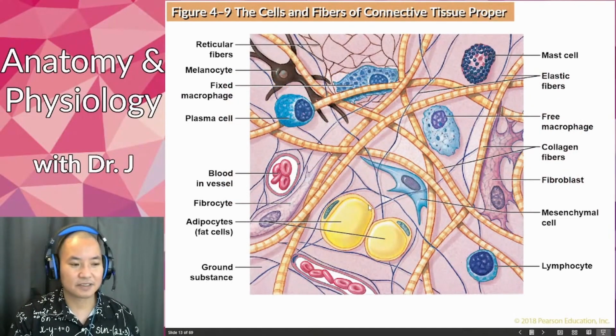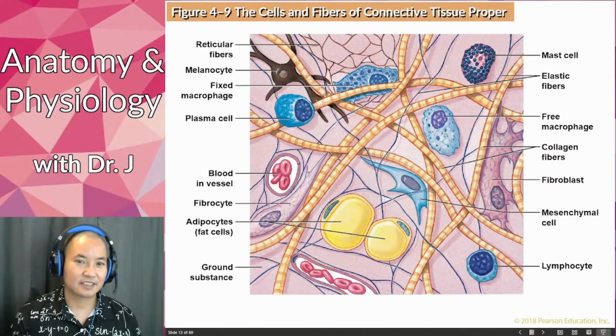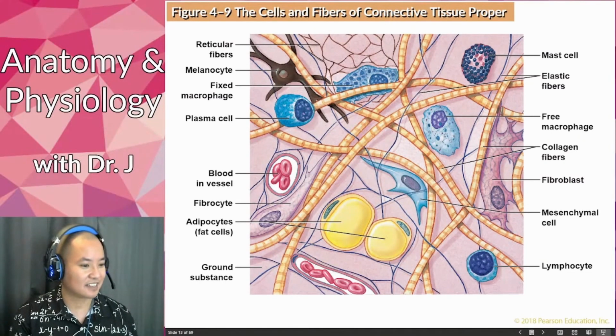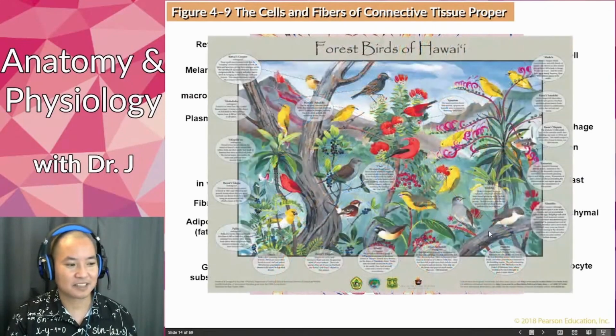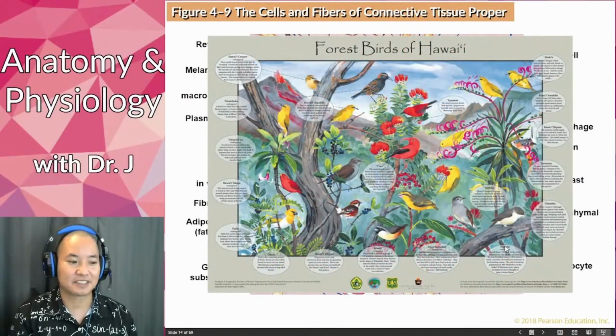The thing is that you're not going to take a slice of any tissue and see all of these cells in every single type of connective tissue. This is just showing you an overview of the possible types of connective tissue cells you can encounter in connective tissue proper. So I like to draw an analogy with these types of images.